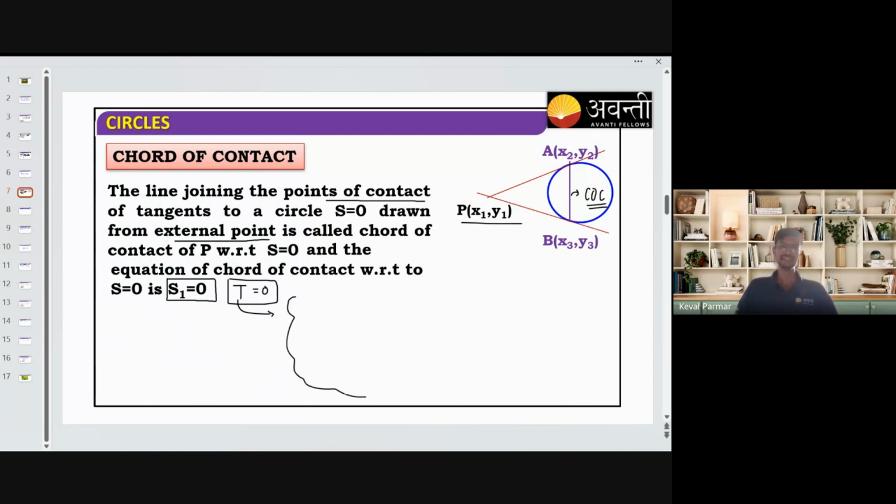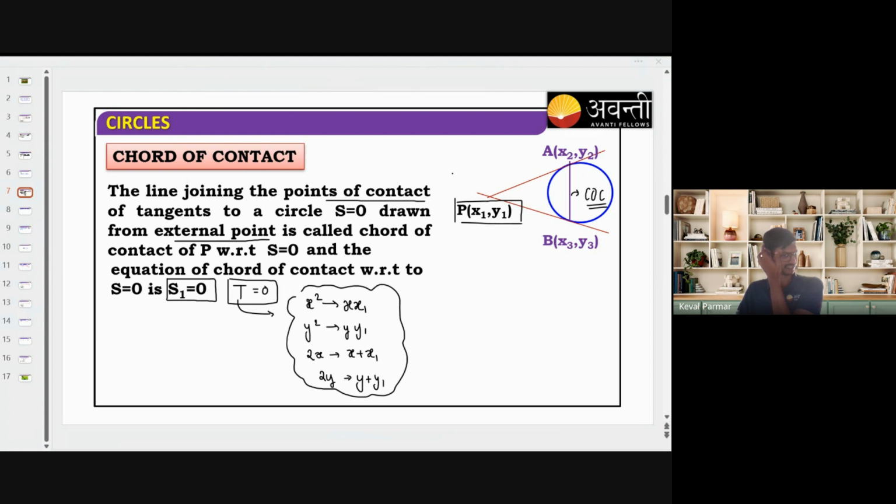In T, we replace the terms. So we replace x square by x into x1. We replace y square by y into y1. We replace 2x by x plus x1. I hope you remember. We replace 2y by y plus y1. Correct? Now what is x1, y1? It is the coordinates of point P.